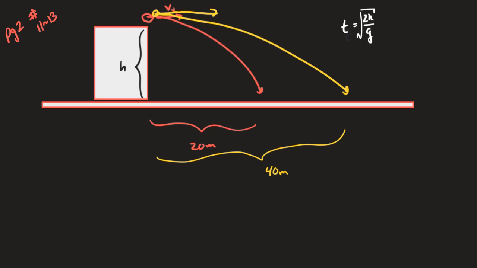On the other hand, since the range is equal to Vx times t, and both rocks hit the ground with the same time of flight, the one that traveled further horizontally had to be the one with the faster horizontal velocity, because the horizontal velocity is the range divided by the time. So I think we can plainly see that the rock that traveled twice as far must have been thrown twice as fast.